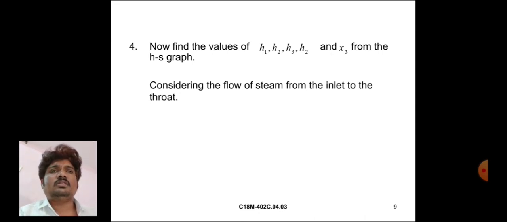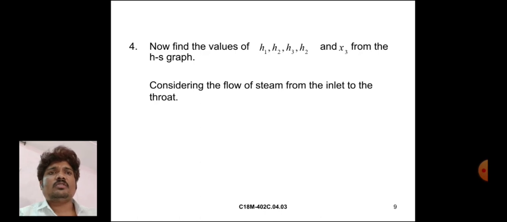H1 is the total enthalpy of steam at entry, H2 is the total enthalpy of the steam at the throat, H3 is the total enthalpy of steam at the exit position, and X3 is the dryness fraction of the steam at the exit position. These values are read from the HS graph.